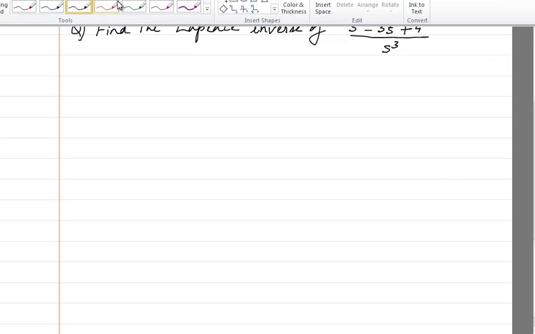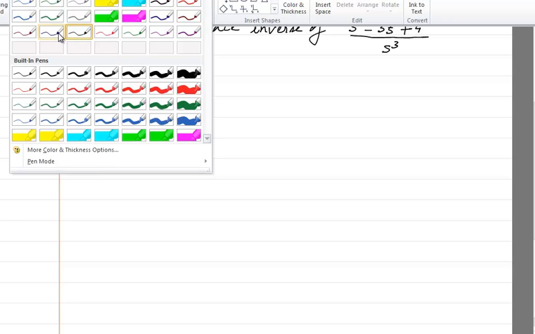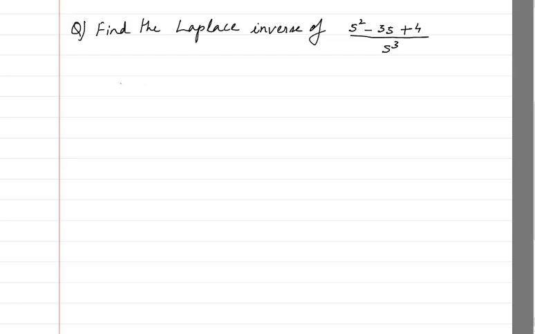Now we all know that in algebra, s square plus 3s plus 4 divided by s cube can be written as s square divided by s cube. Why? Because the denominator is common, correct? Plus 3s divided by s cube plus 4 divided by s cube.